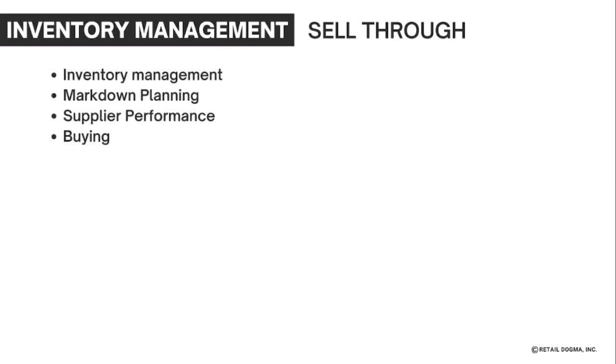Sell-through rate is used to monitor the inventory and know when to introduce markdowns and when to increase markdown levels on certain products so that they can be cleared by the end of the season. It can also be used to evaluate suppliers and vendors and see how their products are moving without the need of markdowns.